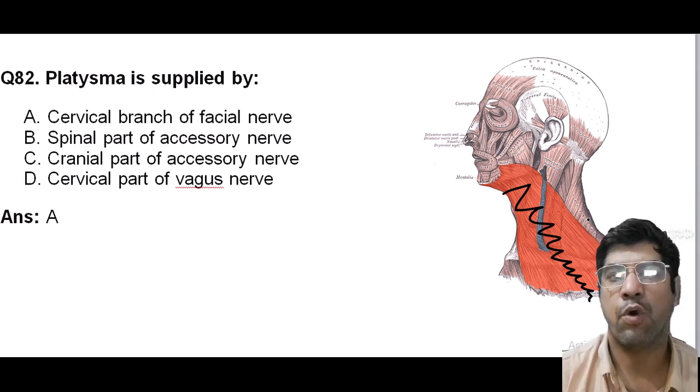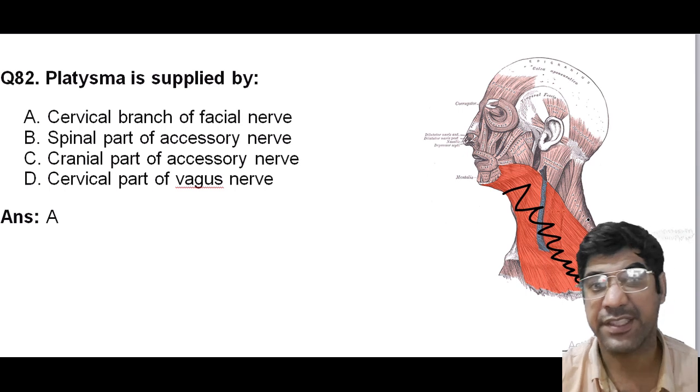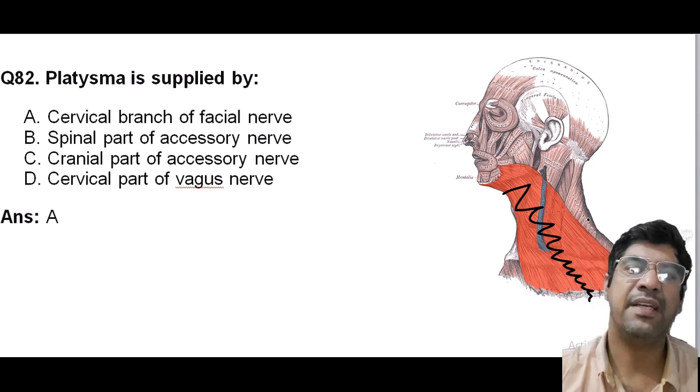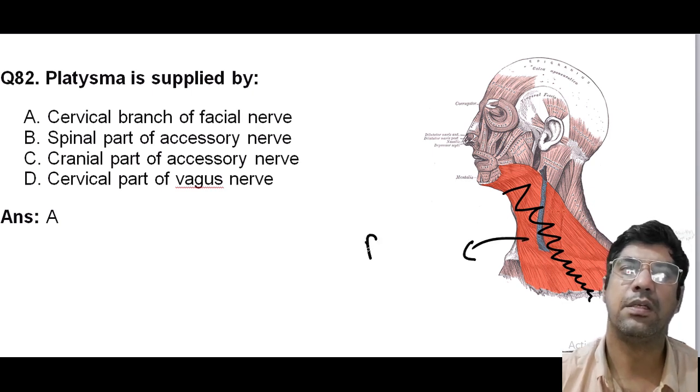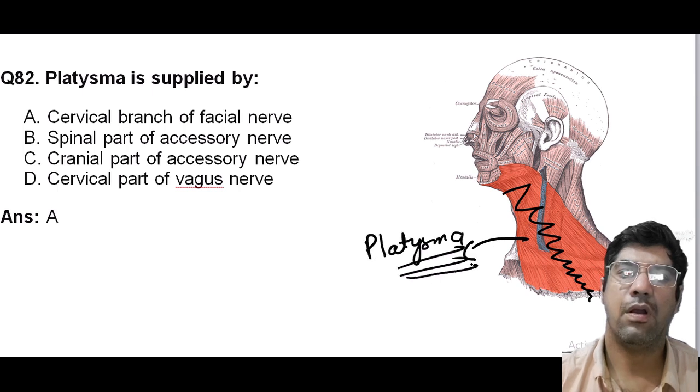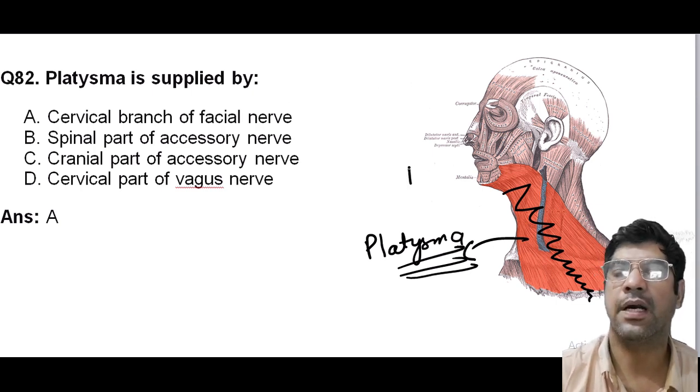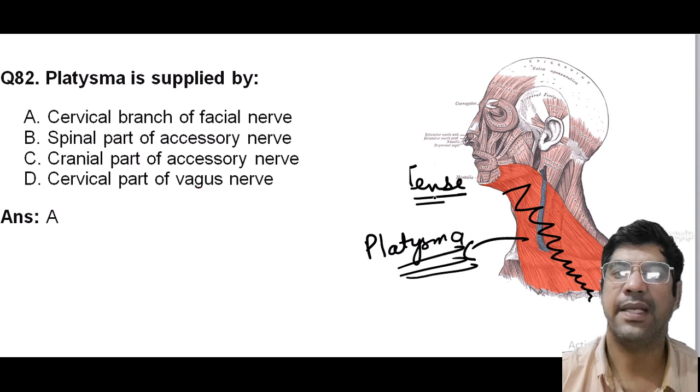So when you want to show emotion on your face, like surprise or a stern look, the facial nerve sends a signal to different muscles including the platysma. The facial nerve tells the platysma to slightly tighten, making your neck look a bit tense. So that is its action.